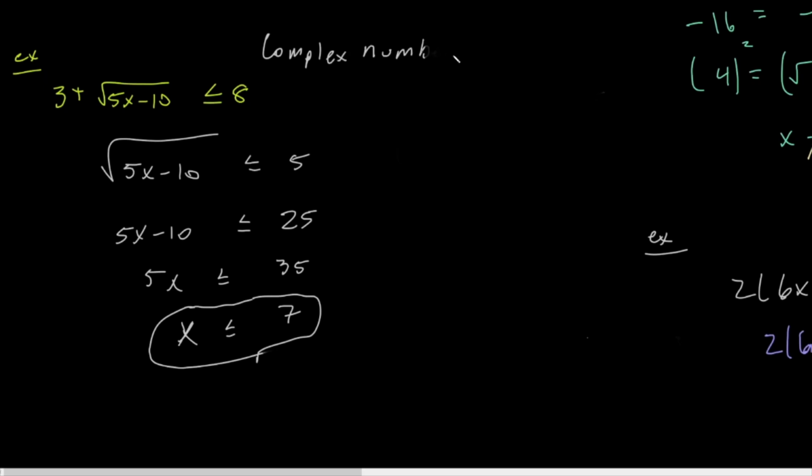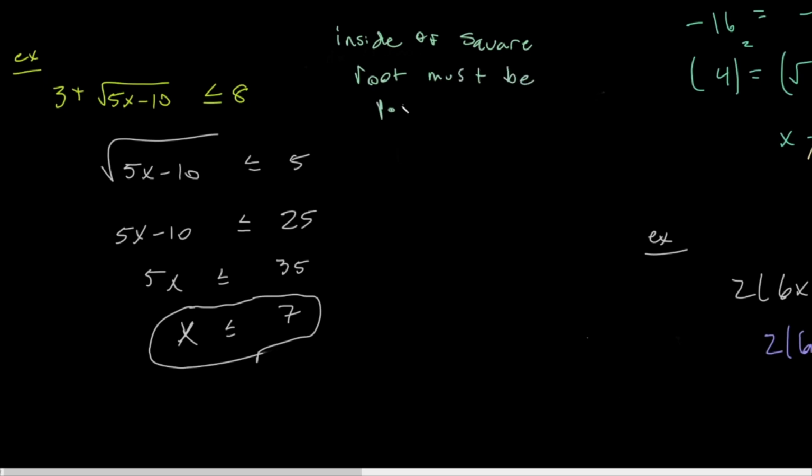If we don't want imaginary numbers, then the inside of this square root better be non-negative. So the inside of the square root must be non-negative. Can it be 0?